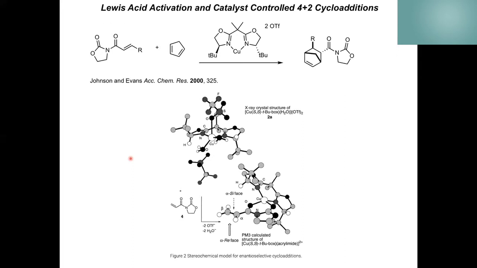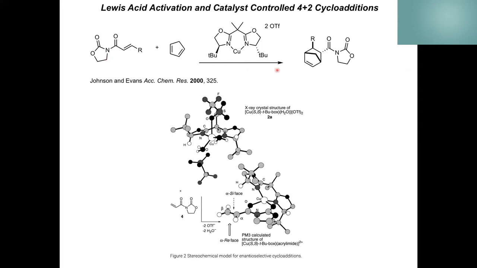And then, in another example of 4+2 before we go on to the 2+2+2s, I just wanted to add in a really different way that transition metals have made a significant impact in the field of 4+2 cycloadditions.